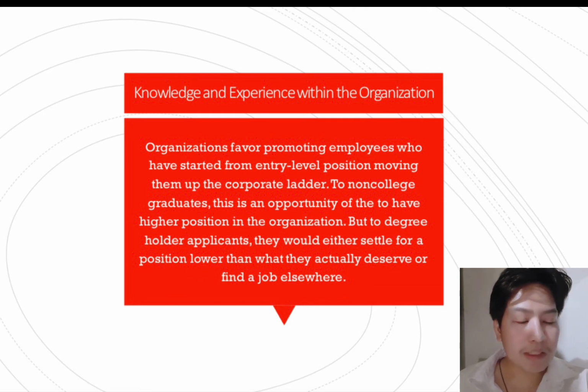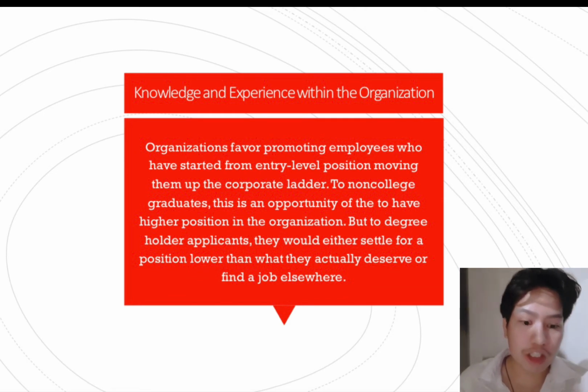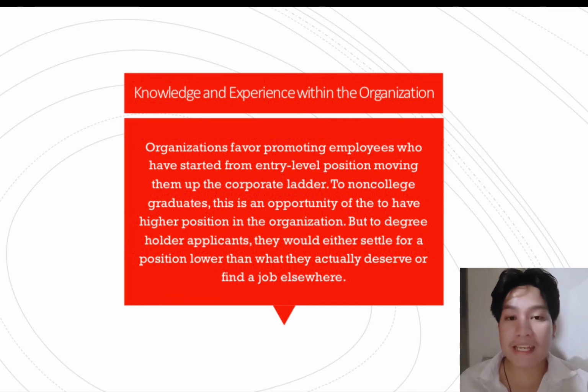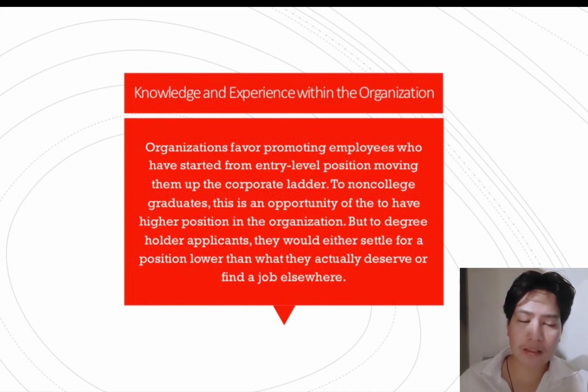So, mas prepare daw ng isang organization yung mas may experience ka. Mas maganda kasi yun kasi kapag may experience ang isang employee, mas alam niya yung gagawin niya.